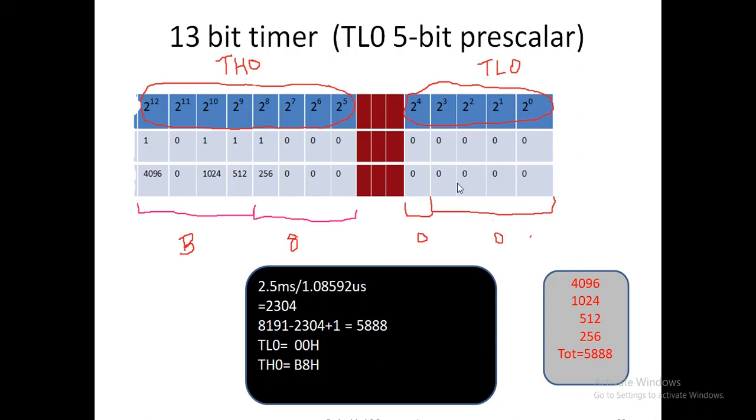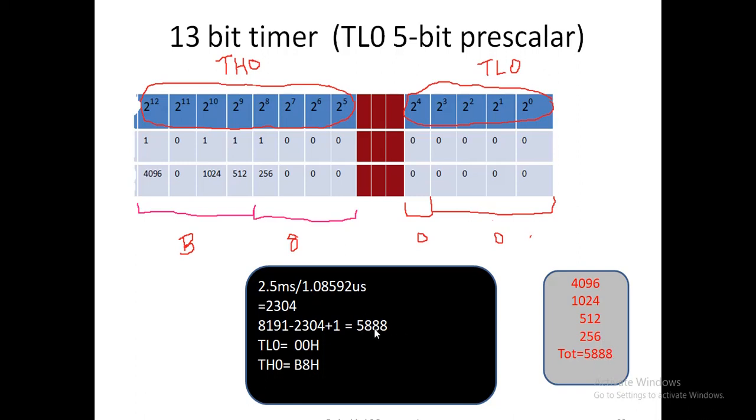So I want 5888. I can give the weightage 2 power 8, 256. I want the output 5888, so according to that I distribute the weightage, and wherever the 2 power value is, I place it over here. I will add all the things, and finally I will get 5888.